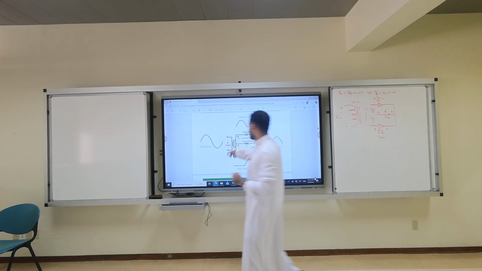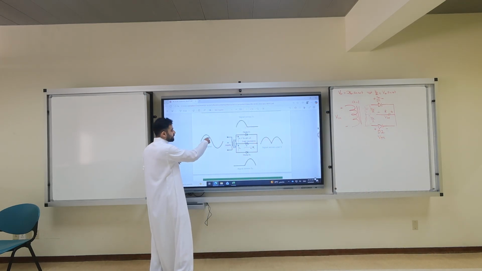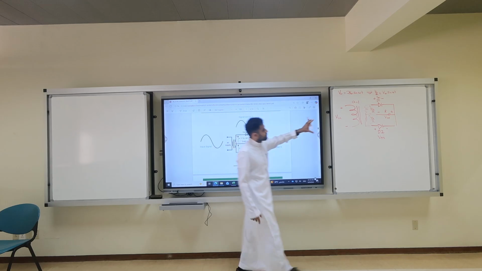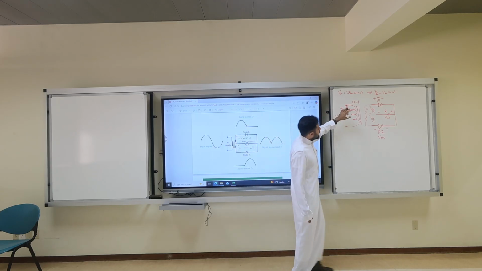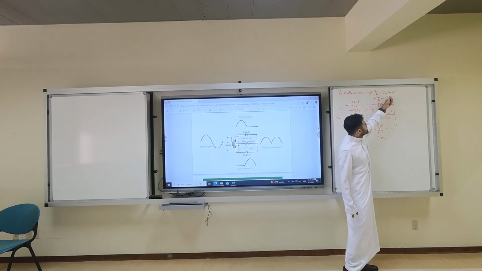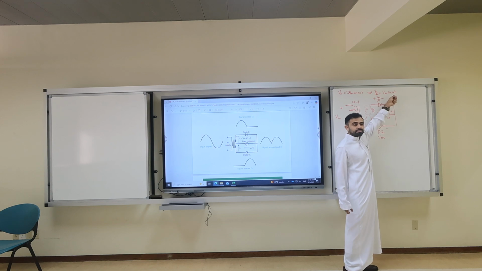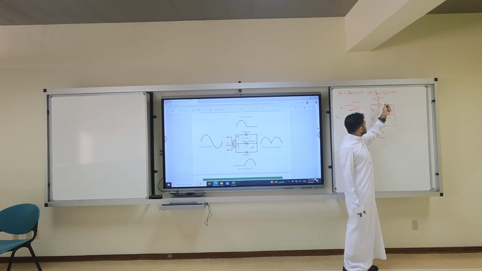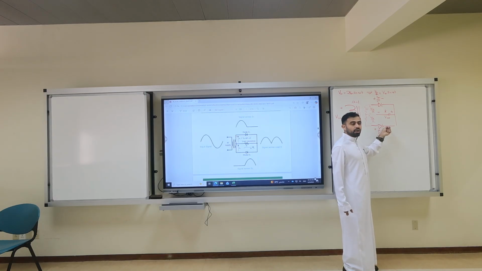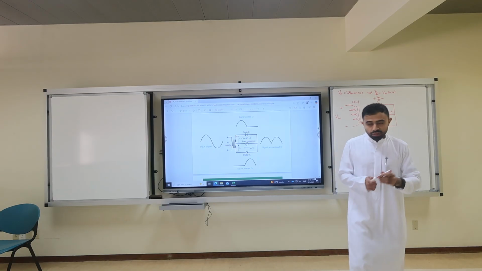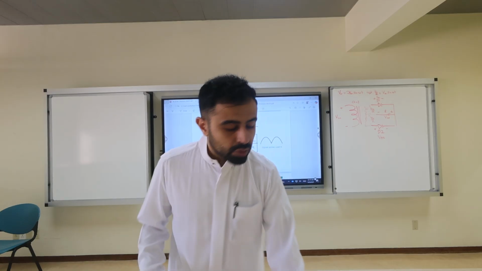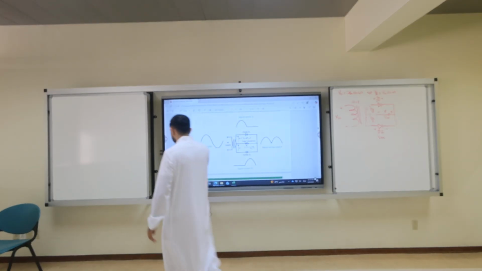See what will happen. At the positive half cycle, we have here Vm sine omega t is positive. Sine is positive. So this diode is on, this diode is off. So when the diode is off, how do we write its equivalent circuit?